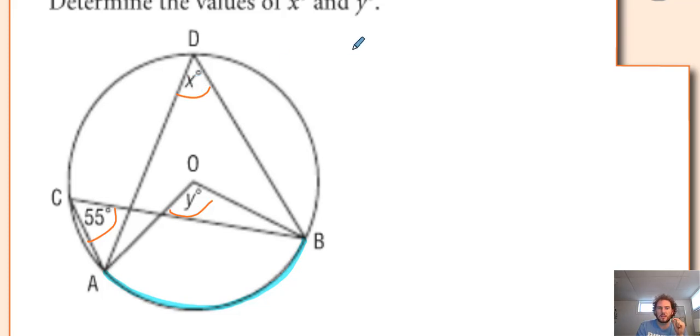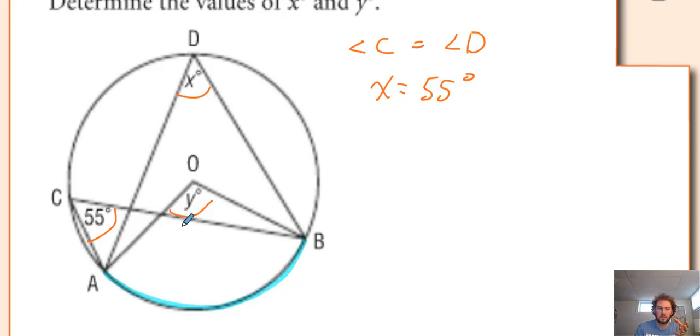So because this angle here at C and this angle at D are inscribed or subtended by the same arc, they're both made off of this arc AB, they're going to be equal to each other. So what that means is the value of x is going to be 55 degrees. Okay? And y has a similar property.